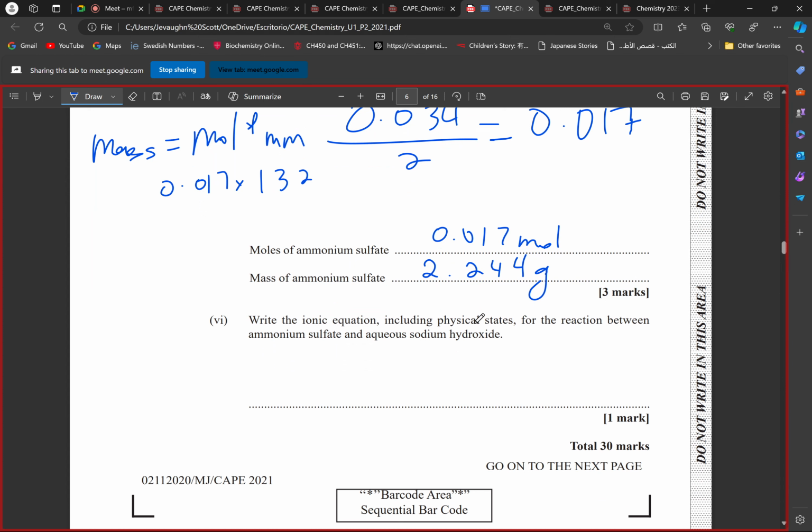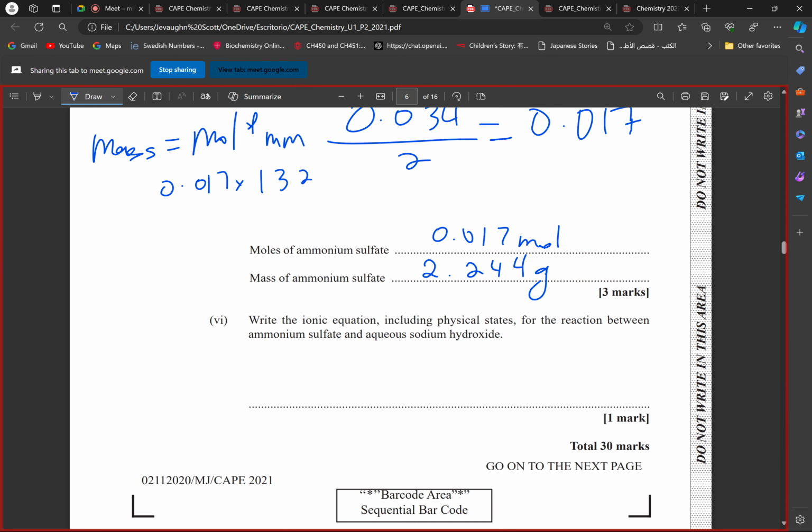Alright, so write the ionic equation. What is our ionic equation going to look like? The ionic equation between ammonium sulfate and sodium hydroxide. So what is our reaction?